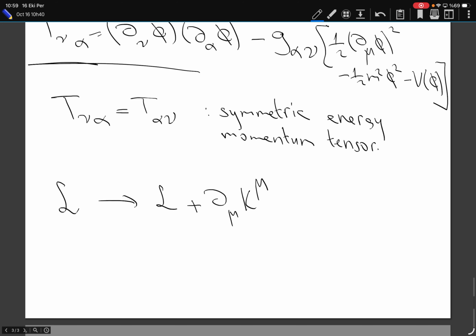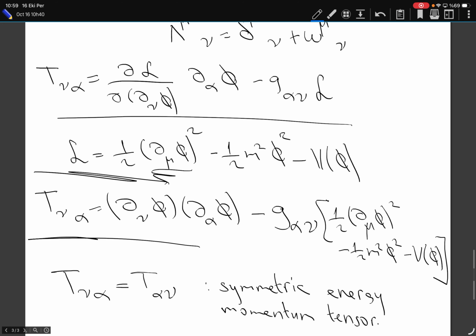So you can have different Lagrangians for a given system. In general, although the equations of motion will be the same, the conserved charges might be different. And it turns out that you can always come up with a definition of the energy momentum tensor that is symmetric.